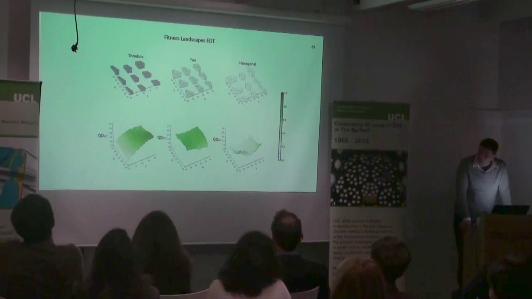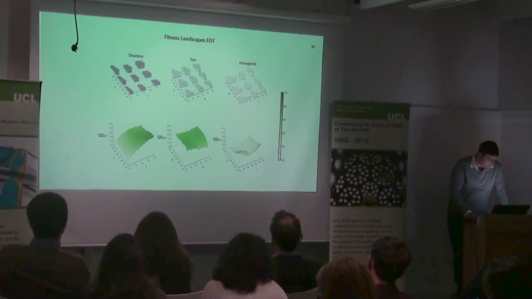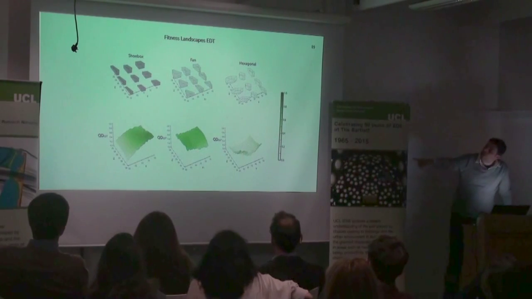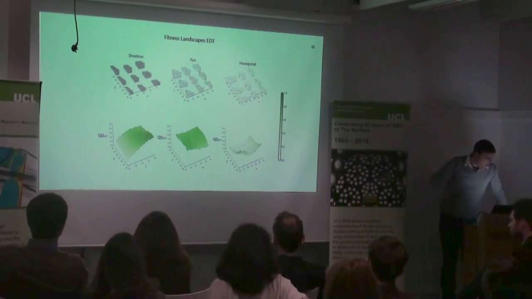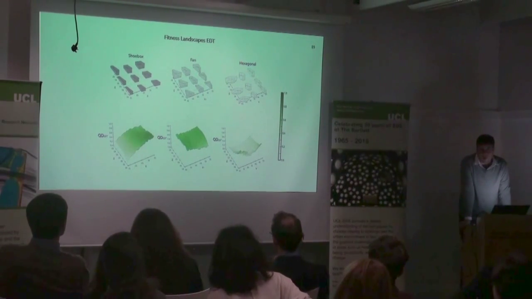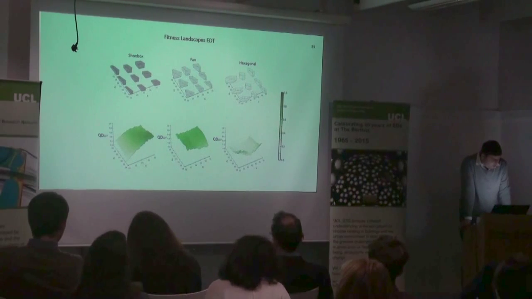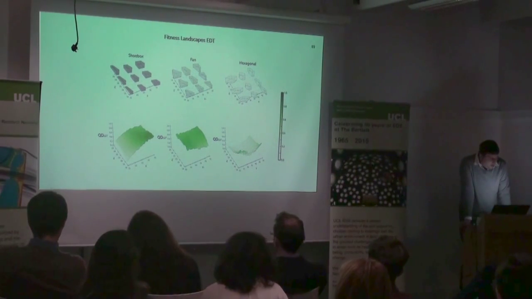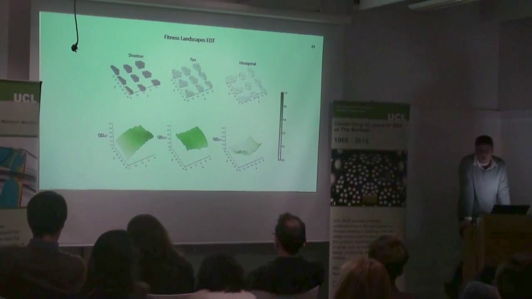So, for example, the first fitness landscape, that is the name of these graphs there at the bottom, represents the QD value for EDT, so early decay time, reverberation. And you can see that for this, the parameter wanted a wide room, but not a very tall one.